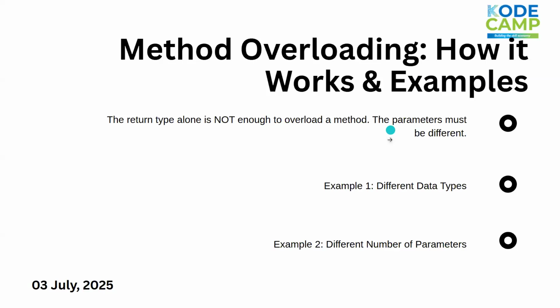If they have the same method name, the same parameters, and return the same value, then it's not going to work because all are the same, right? An example is different data types and different numbers of parameters. I didn't want to put the example here, so when we go into our demo, everything will become clearer, right?